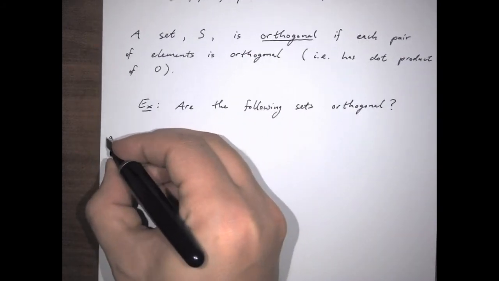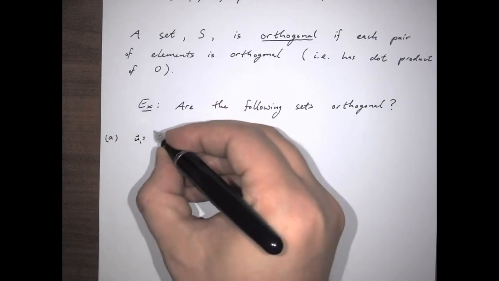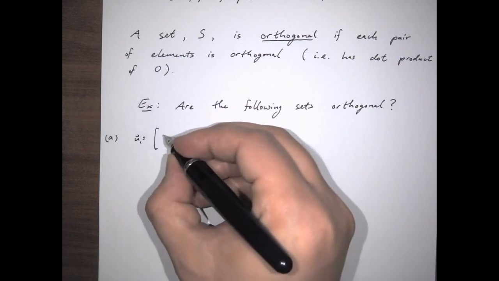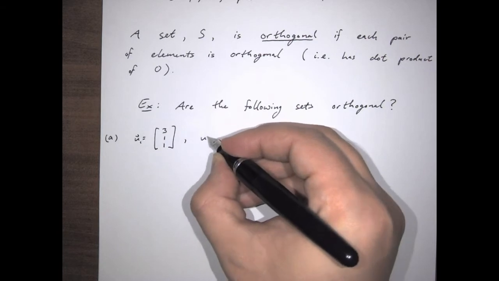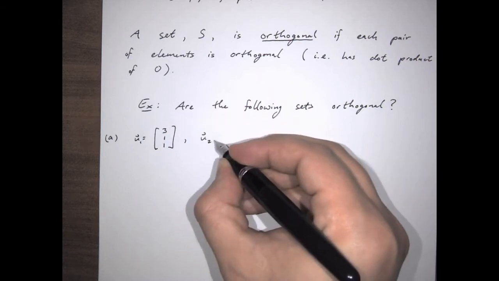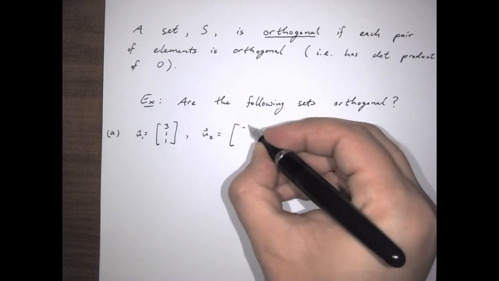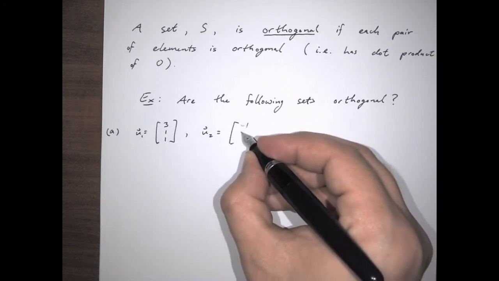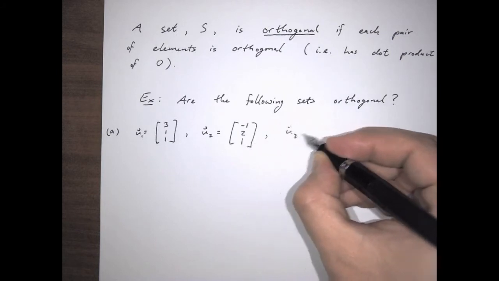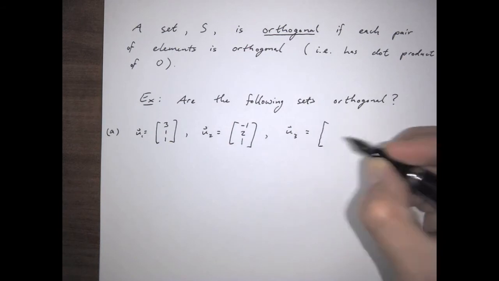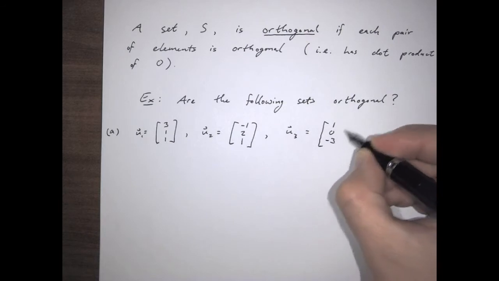Let's say that U1 is equal to (3, 1, 1), U2 is equal to (-1, 2, 1), and U3 is equal to (1, 0, -3).